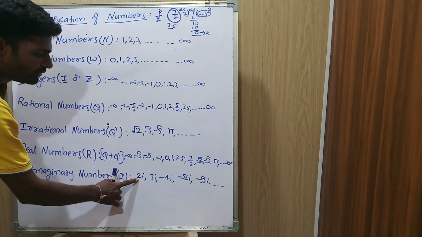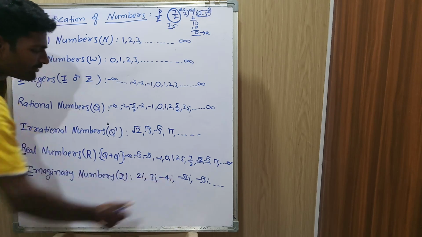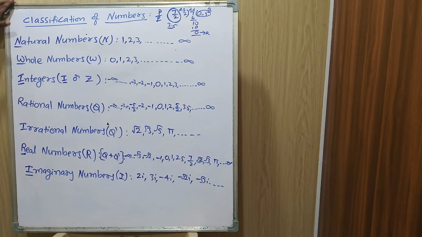So 2i means an imaginary number. 2i, 3i, and so on, are represented like that here.